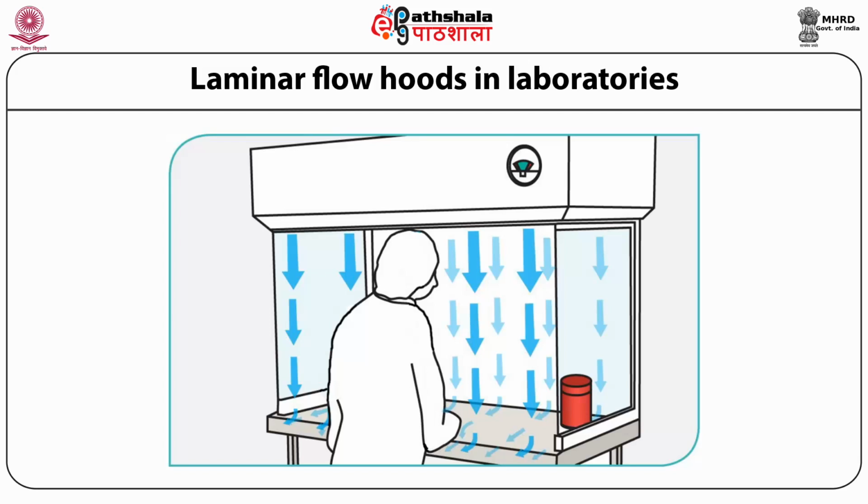What they do is, you have flow of gas from top to bottom or from one side to the other in a laminar way, meaning that with that laminar flow of the gas, the dust particles or unwanted gas molecules are dragged with it from one end to the other end, and that's how you keep the environment inside the hood clean or healthy for the person who is working with chemicals.